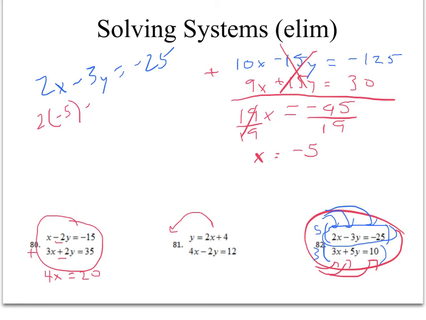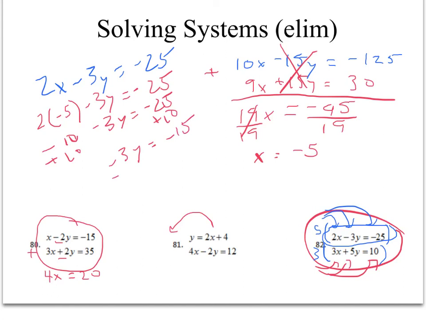So 2 times negative 5 minus 3y equals negative 25. Negative 10 minus 3y equals negative 25. I'm going to add 10 to both sides, and negative 3y is equal to negative 15. When I divide by negative 3, I get y equals 5.